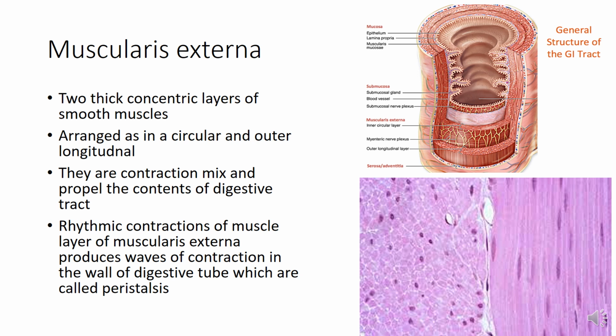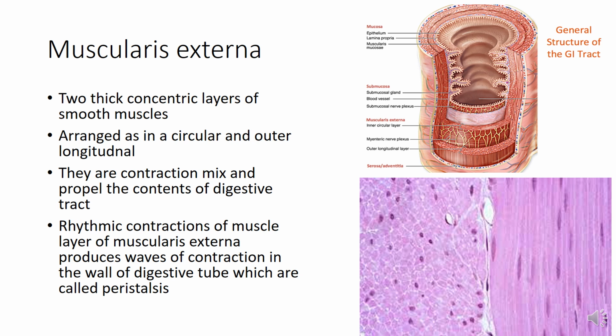Next layer, muscularis externa. This is two cell thick concentric layers of smooth muscles, not always smooth muscles. In a few regions of the GI tract, skeletal muscles can be present in the muscularis externa. We will see when we study the individual regions.